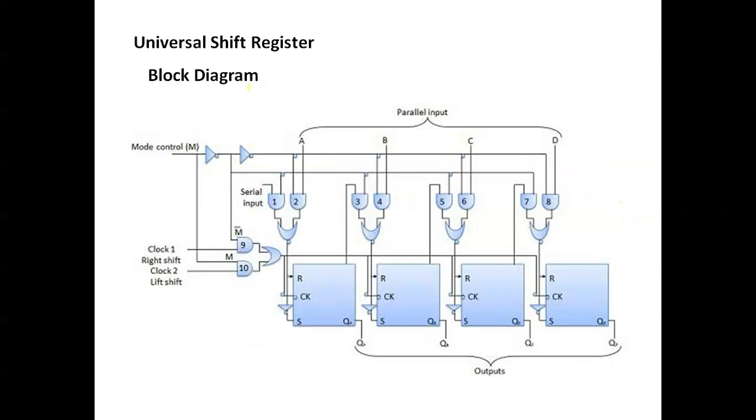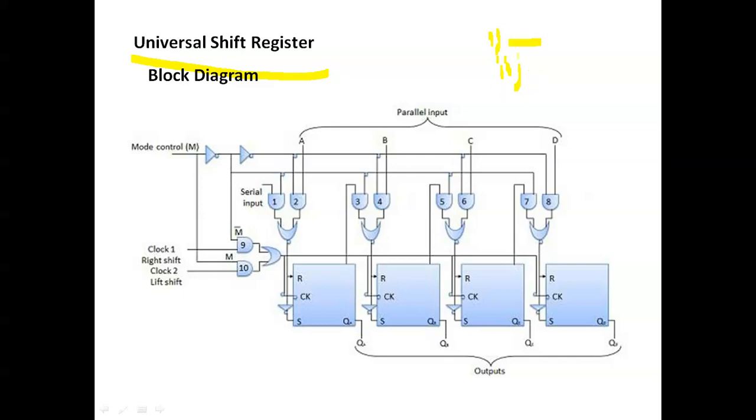Then the universal shift register. A universal shift register includes every feature of the shift register. Number one, it is bidirectional. Number two, we can do serial in, serial out, parallel in, parallel out.